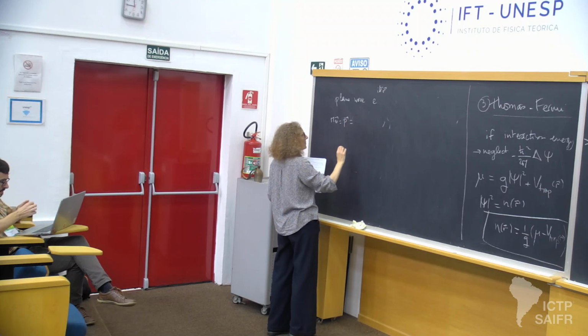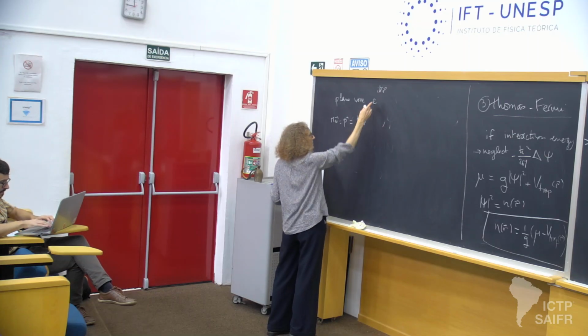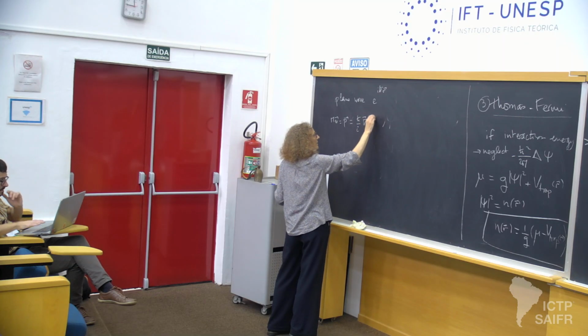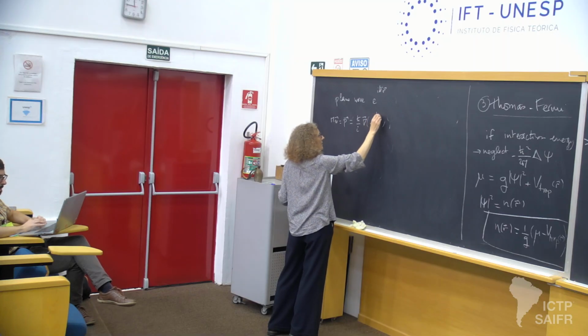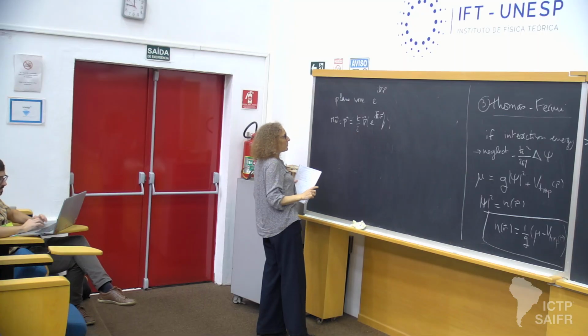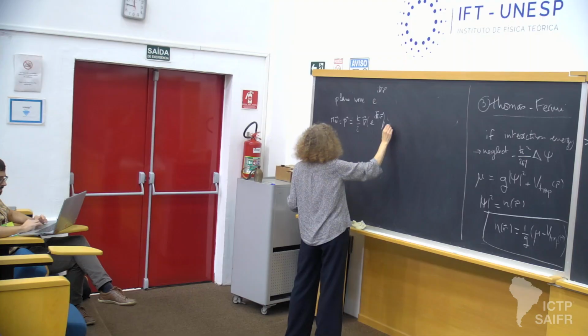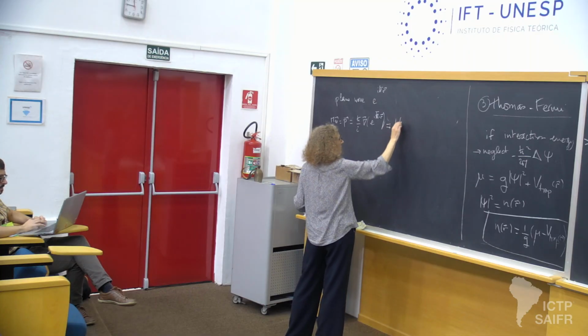It's h bar over I, the gradient of my psi. So when I take the gradient, the I goes away. The gradient of kr is k. And so this is h bar k. So this is well known.